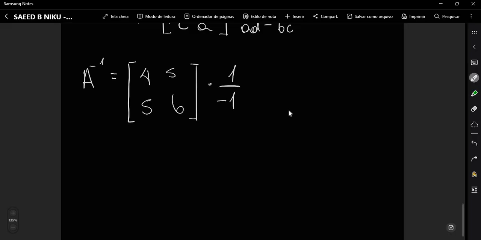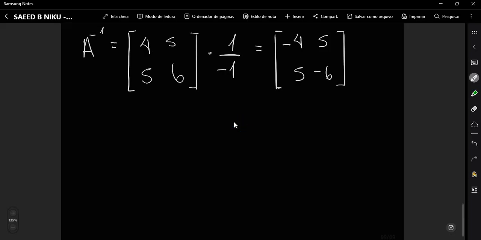When we solve this, we are left with -4, 5, 5, and -6. And this is the inverse of the original matrix A.